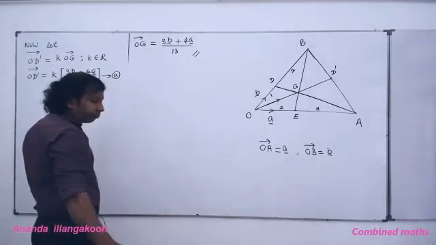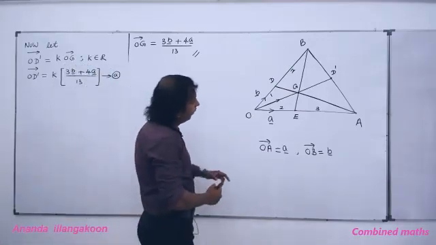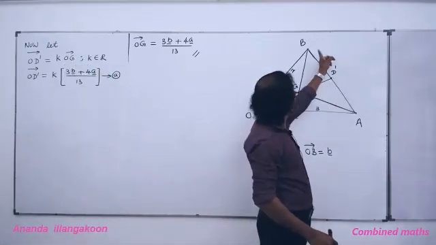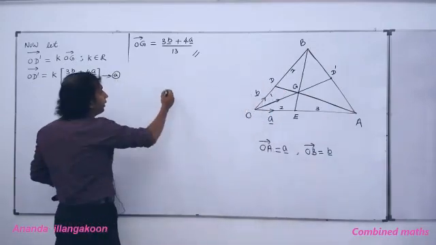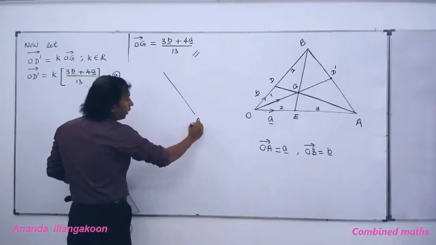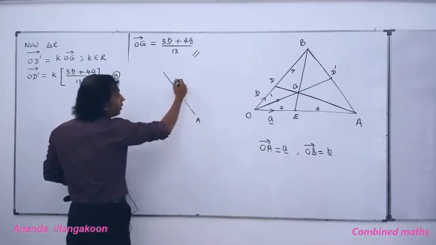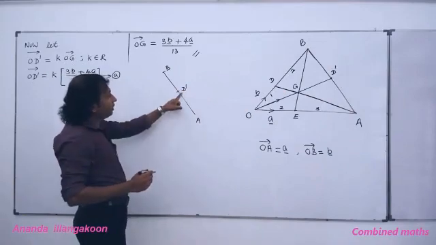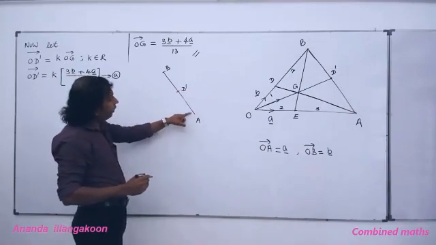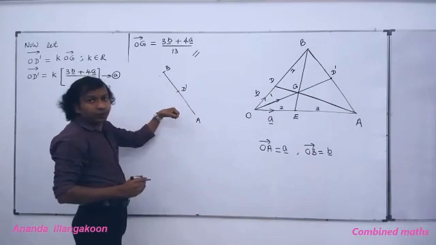People, now see here: A, D dash, B. I take A here, D dash here, B here. By this D dash, this AB line is divided, no?